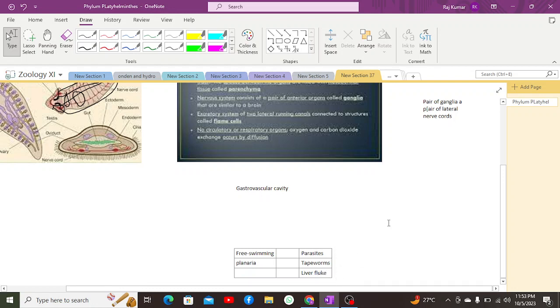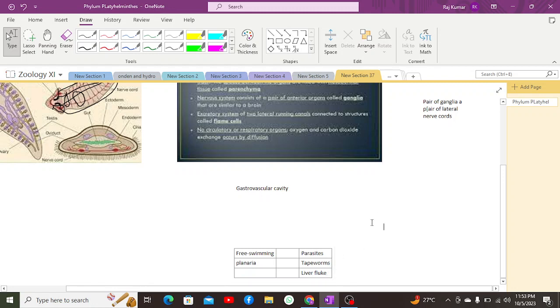Now in the case of the liver fluke, some parasites complete their life cycle on the body of one host, and sometimes parasites complete their life cycle on the bodies of two hosts.